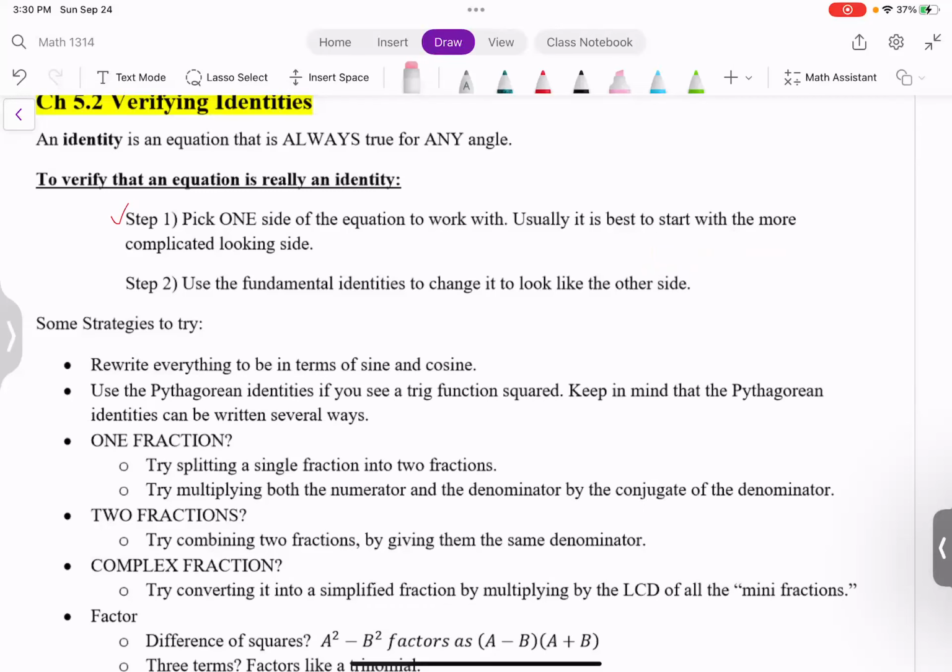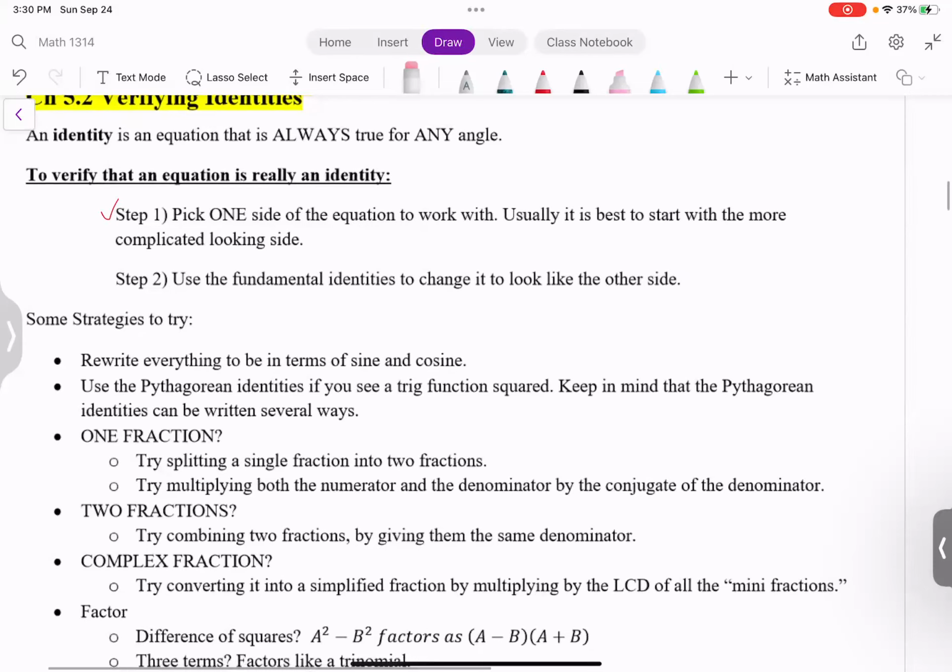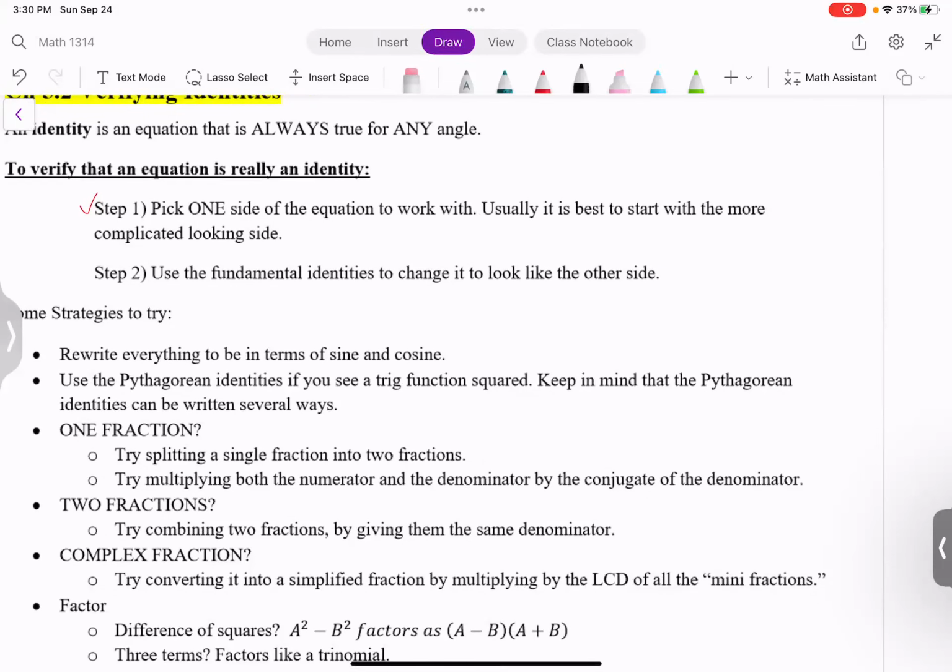For example, maybe both sides look very difficult. One side looks like this, another side looks like this, and they look very different. But I can say, for the left-hand side, I copy my left-hand side, it equals some steps, equals a triangle.